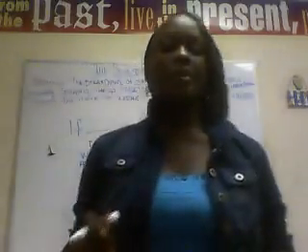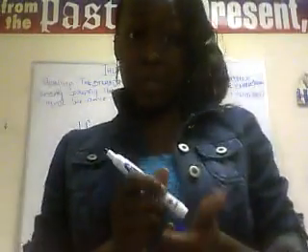Now here's another example of a hypothesis. For example, if your hypothesis is that if I take an aspirin, my headache will go away, your independent variable is what? Remember the blank. The first blank is always the independent variable.